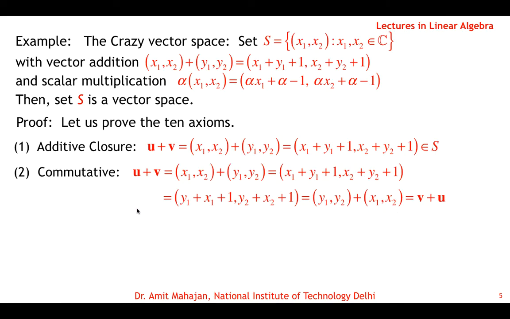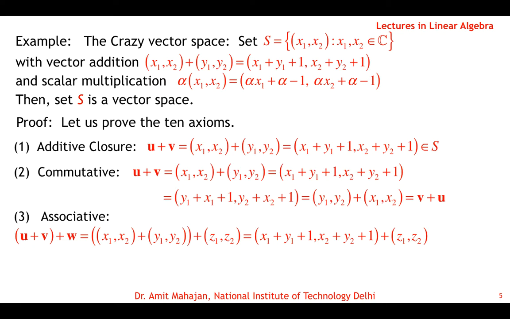The third property is associativity. Again we start with the left hand side, u plus v plus w, where u is x1 x2, v is y1 y2, and w is z1 z2. First we solve the bracket, x1 x2 plus y1 y2, using the addition property: first element plus first element plus 1, so x1 plus y1 plus 1, and x2 plus y2 plus 1. Then this plus the w vector z1 z2.